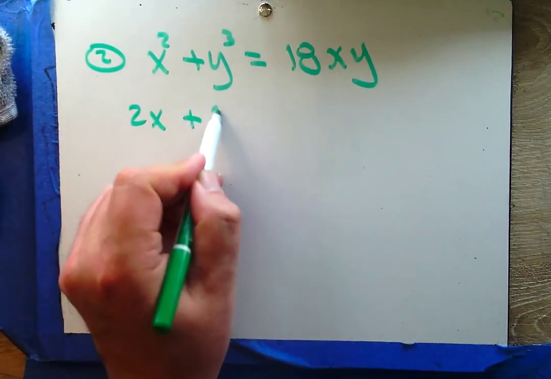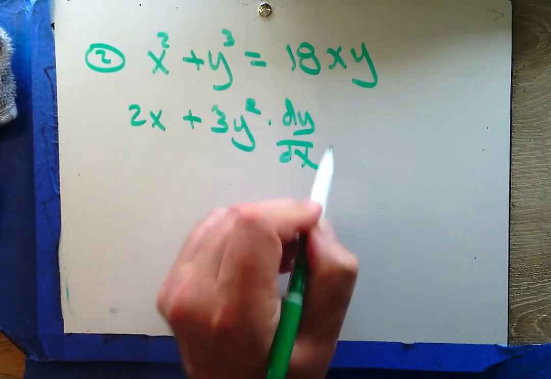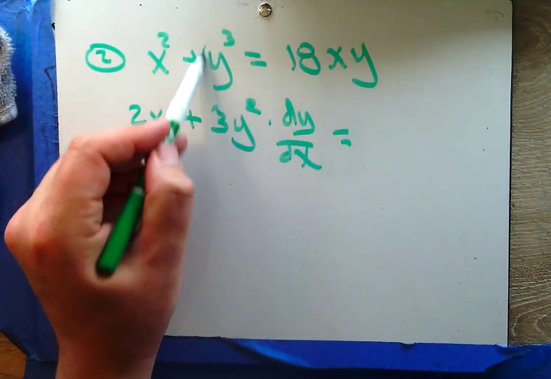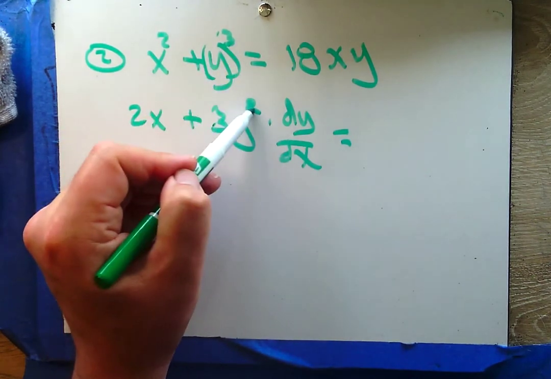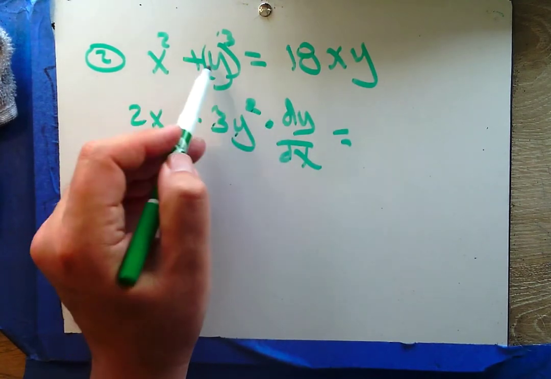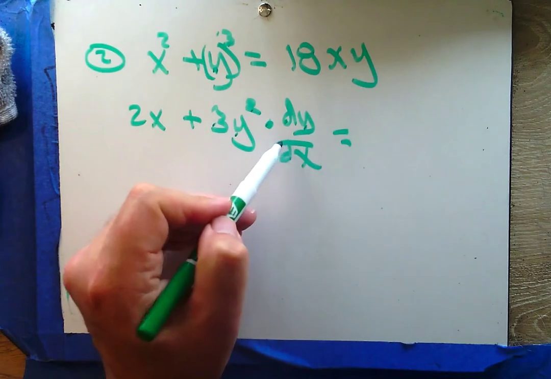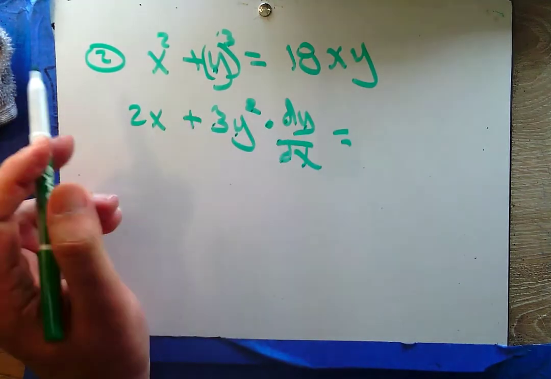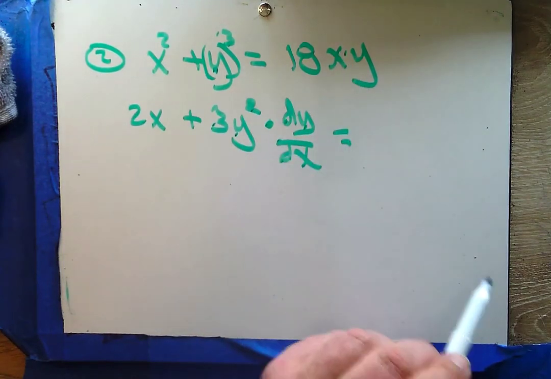Maybe this is getting a little easier. Maybe you're catching on, but maybe you're not. And so again, I'm taking the derivative of the outside. I'm bringing down that 3. I'm subtracting 1. I'm leaving the inside alone. Then I'm coming back and multiplying by the derivative of this inside, the derivative of the inside thing with respect to x. And on this side, ooh, look, it's product.